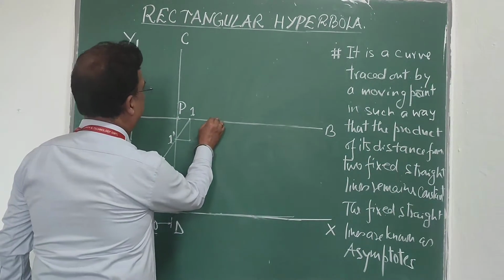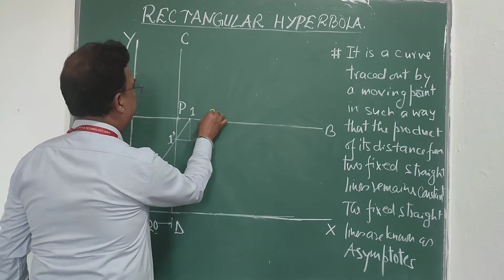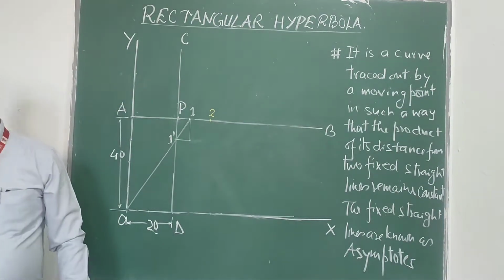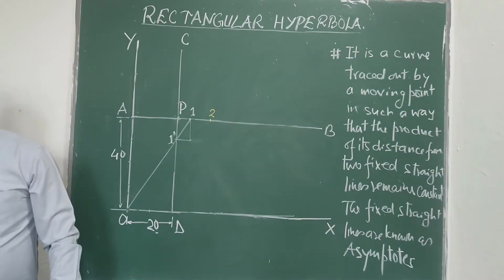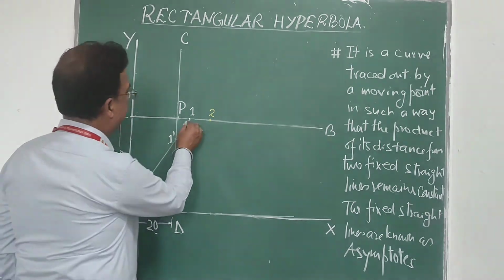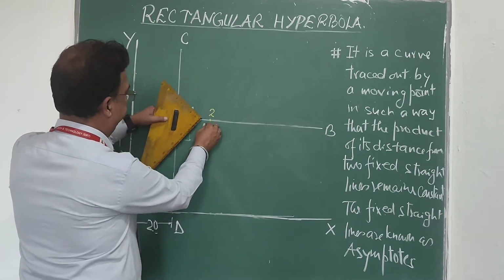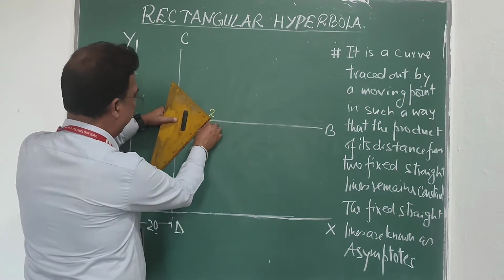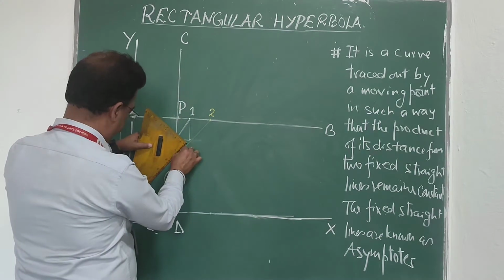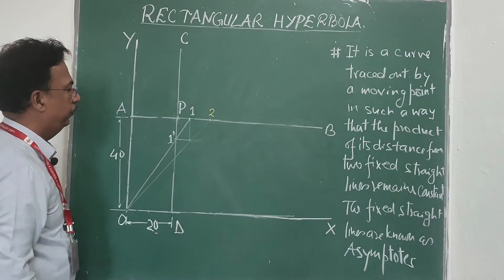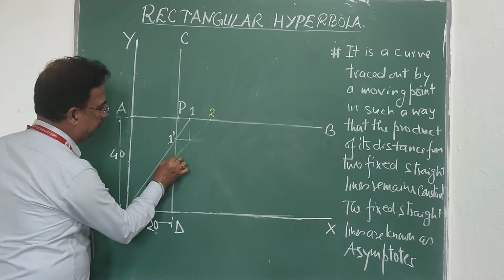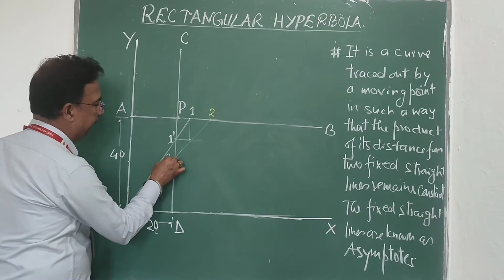and mark another point. Suppose the point will be 2. Now this time I have increased the distance. Suppose this time I have taken a distance of 10 mm. After that, join this point with O, where it is going to cut this point line. Name that point 2 dash.